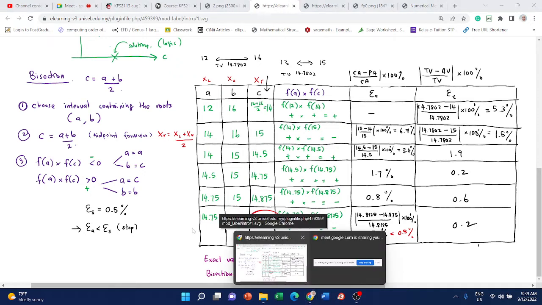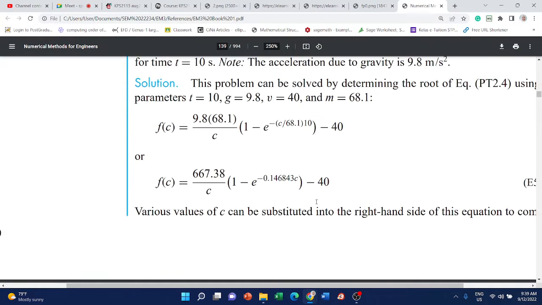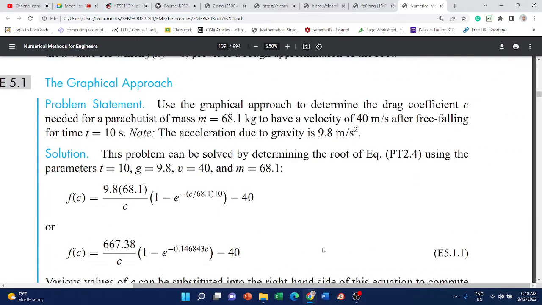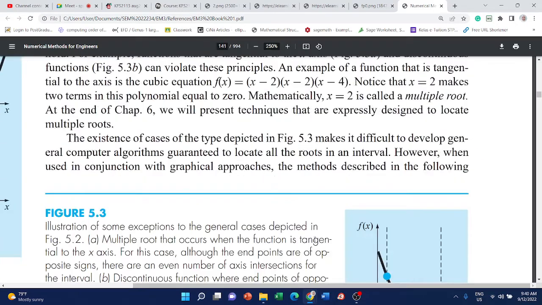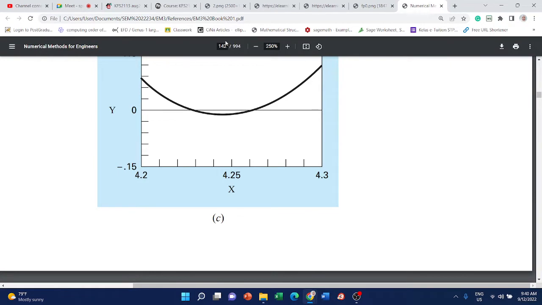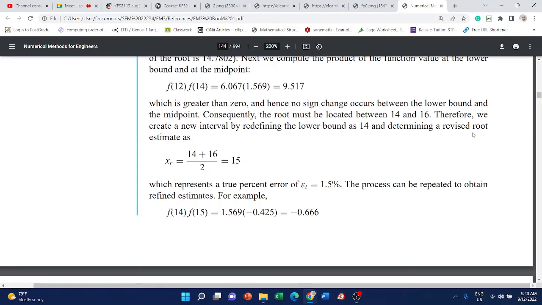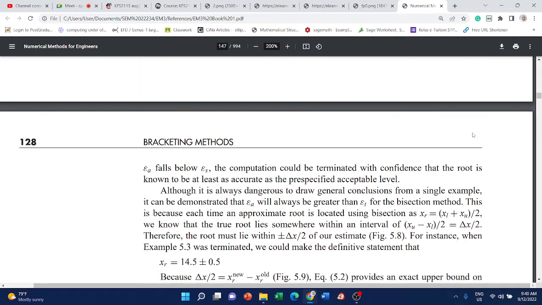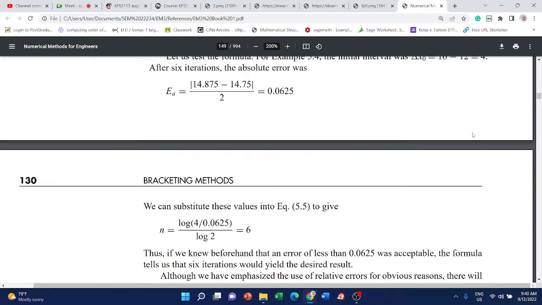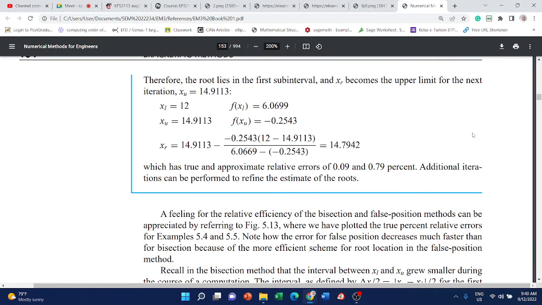Let me see the numbers. I'm looking for the true value. Where's the information?